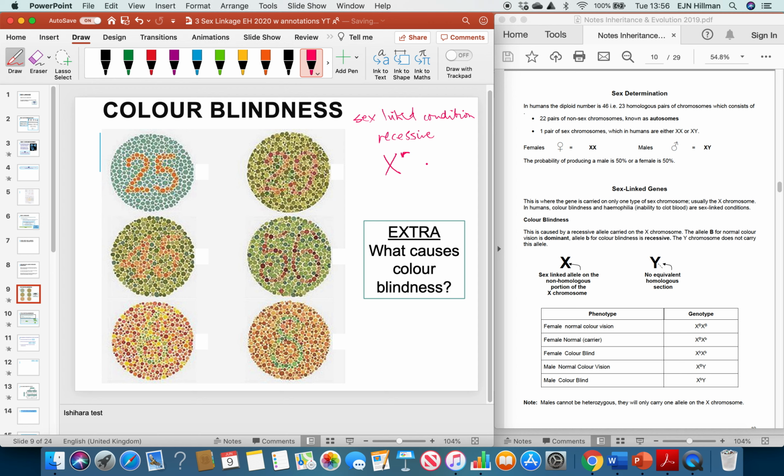A male who carries that recessive allele would therefore be colourblind. A female who has just one copy of that recessive allele on one of their X chromosomes would be a carrier. But phenotypically, she would have normal colour vision.